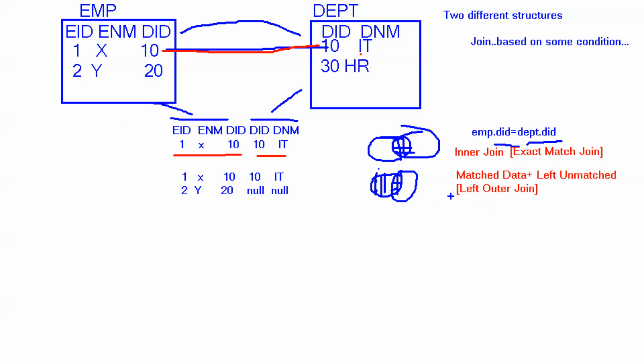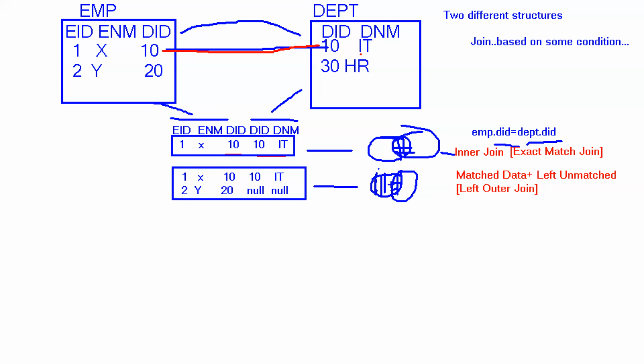So we call it a left outer join. This is one result for this Venn diagram, and this is the concept. No logic, no coding, no complexity, simple to understand.